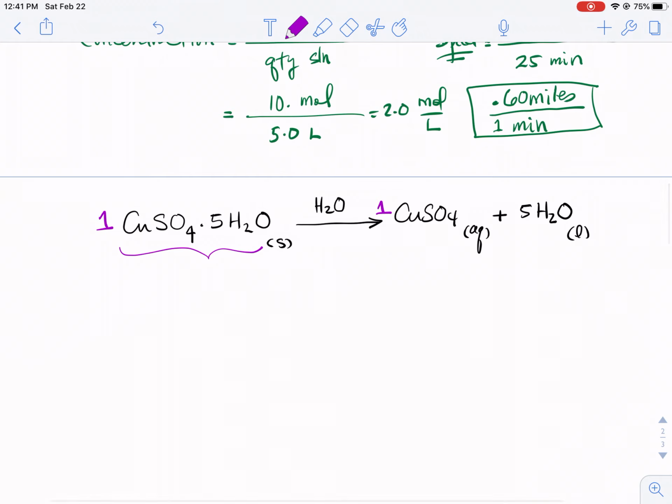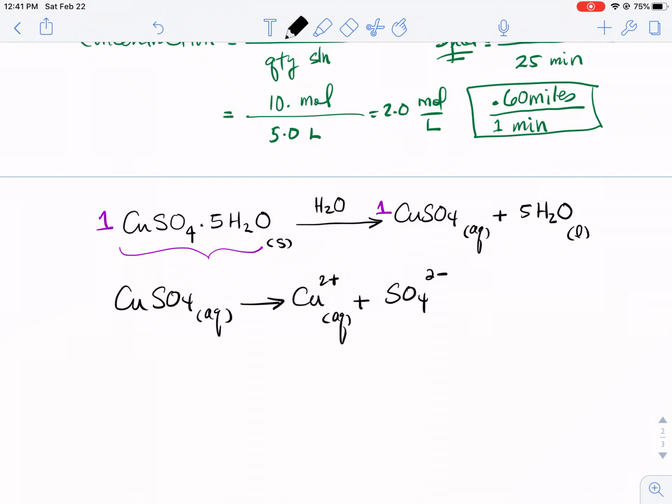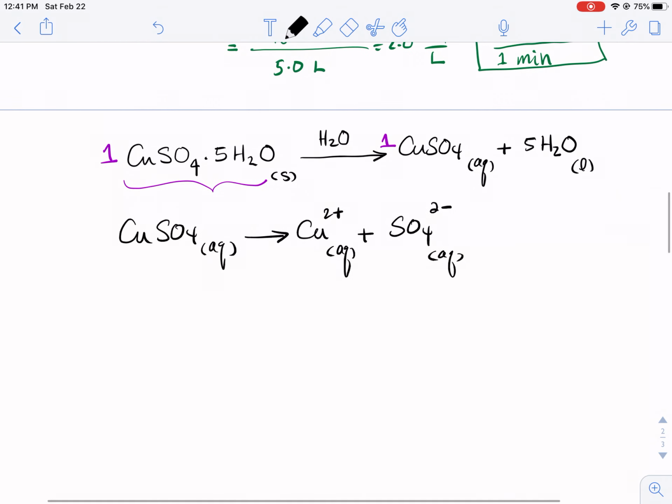And also, you should relate that aqueous state to this equation, that copper sulfate aqueous, since it is soluble and it's an ionic compound, it dissociates into copper ion aqueous and sulfate ion aqueous.